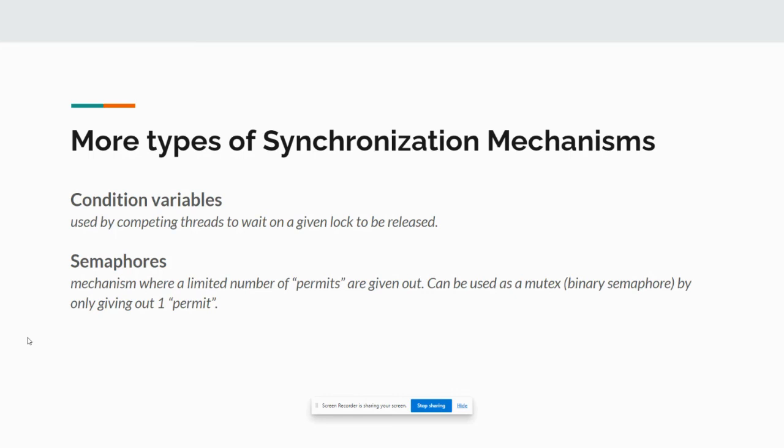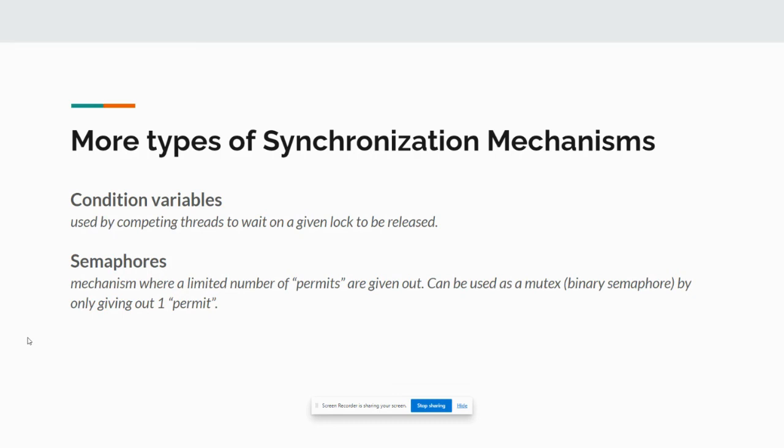And then we have semaphores, which is another mechanism where we hand out a limited number of permits to threads. A common example of these is database connection pools, where there are a limited number of connections given out at a time, say 10 or 50, and if there are say 100 threads, only the first 50 will be able to get access to the database.